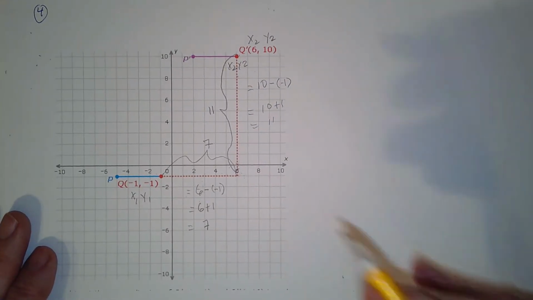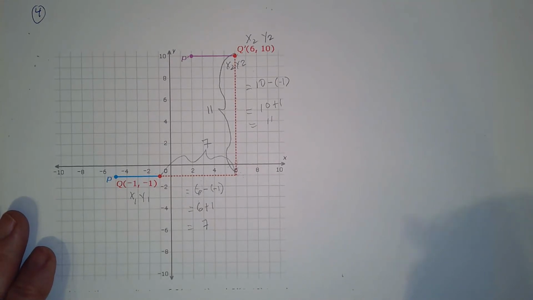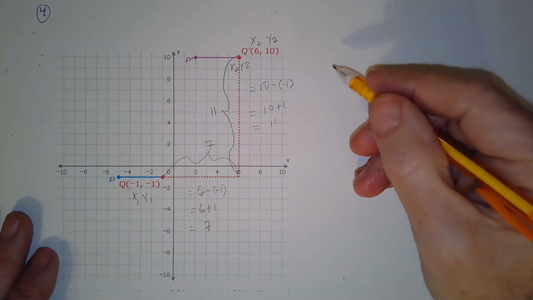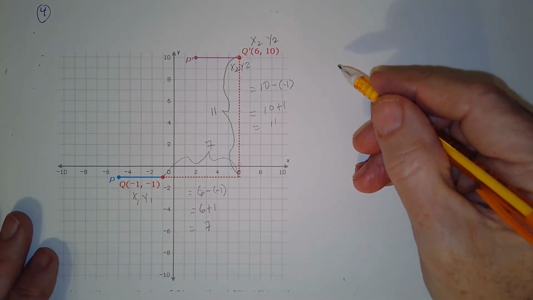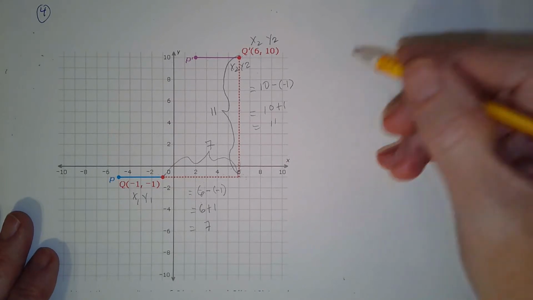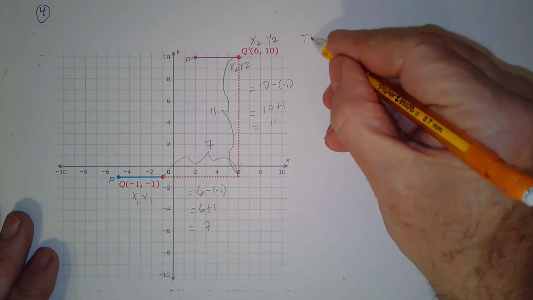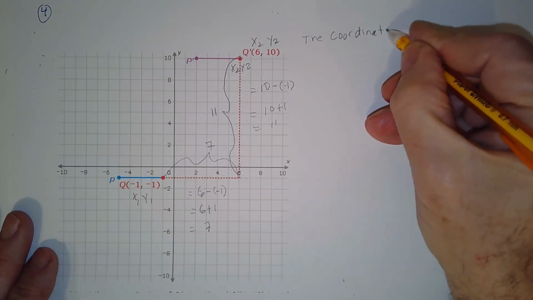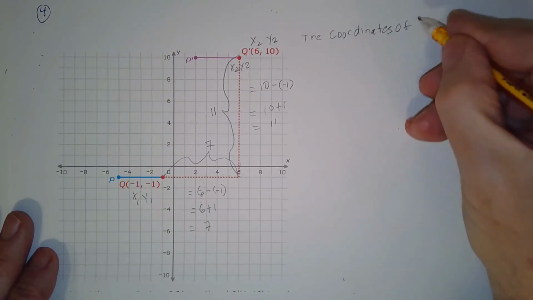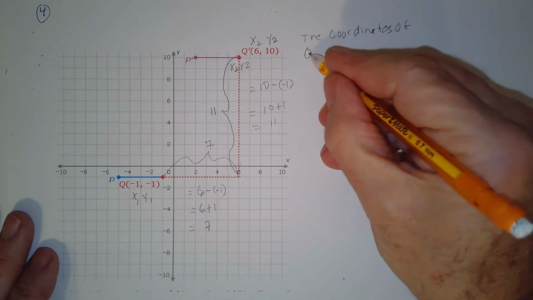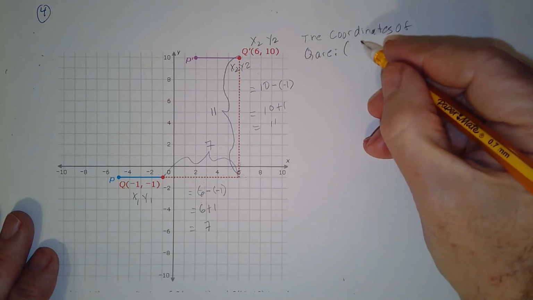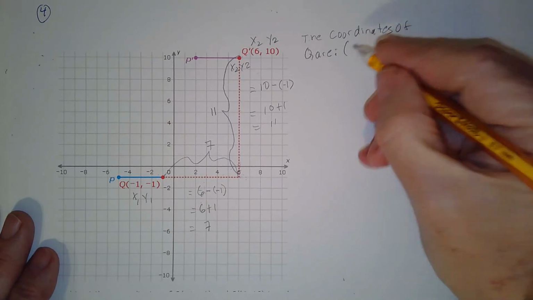Okay. Now we could easily write our rule at this point, but I want to show you the math that goes with it. So basically, the coordinates of Q and Q prime. Q is -1, -1.